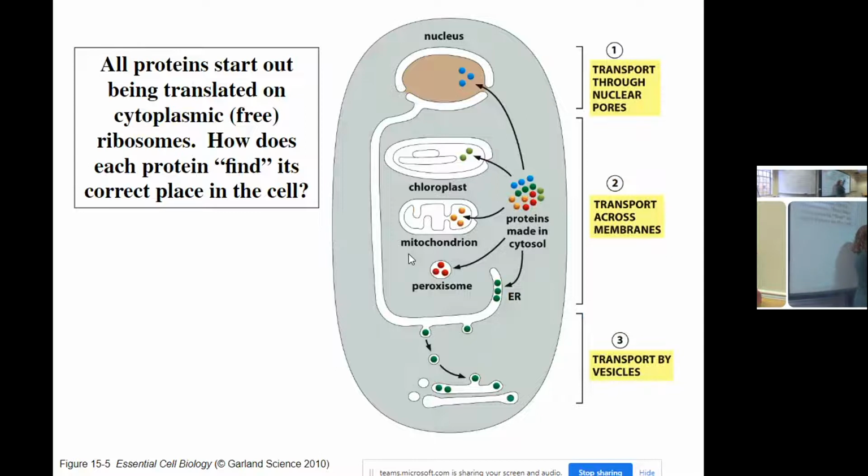All proteins start out being produced in the cytosol, but this picture is color coding them to show where they are supposed to end up to do their job. Some of them would need to end up in a peroxisome because that's where their job is waiting for them. Some would need to go into the nucleus, some into a chloroplast, some into mitochondria, and some into the endomembrane system.